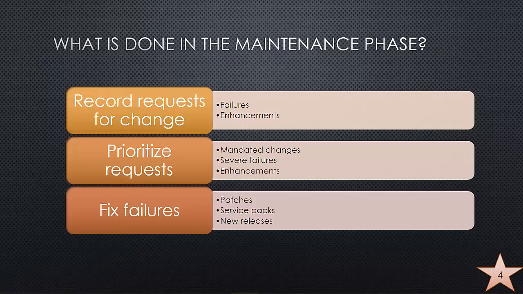But in the maintenance phase, and I actually would call this the implementation phase as well, you are doing a live production test, basically, and you're finding out what failed. You're finding out exactly what you need to do more of, things that the user is going to request.